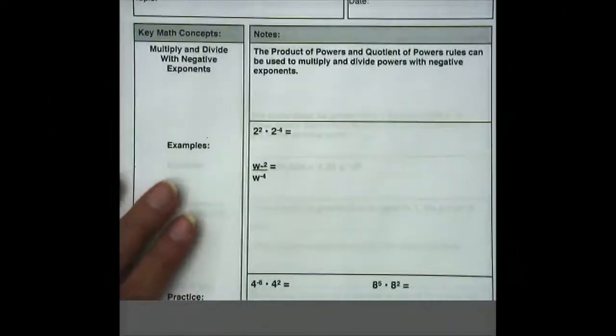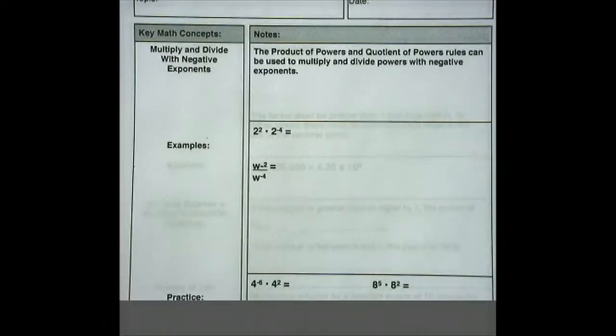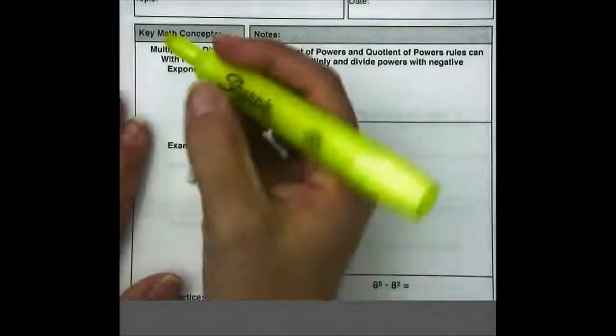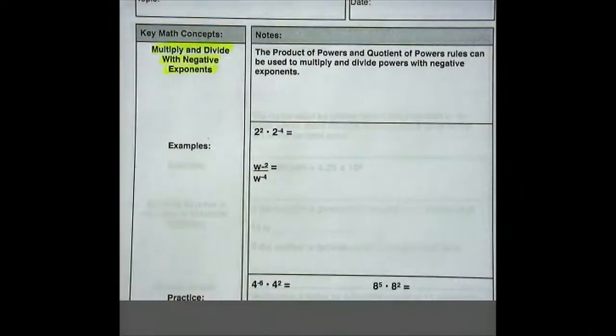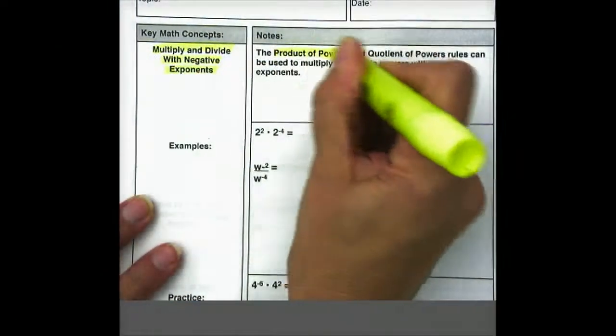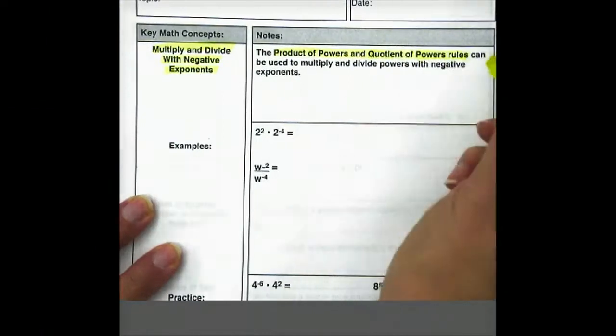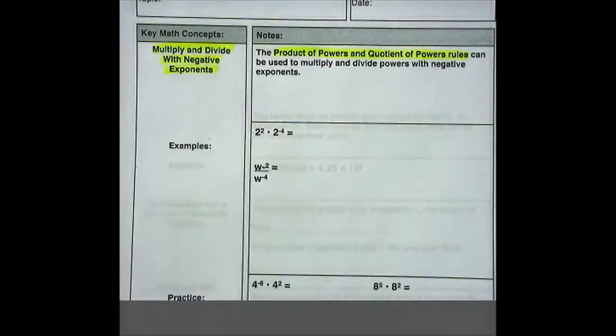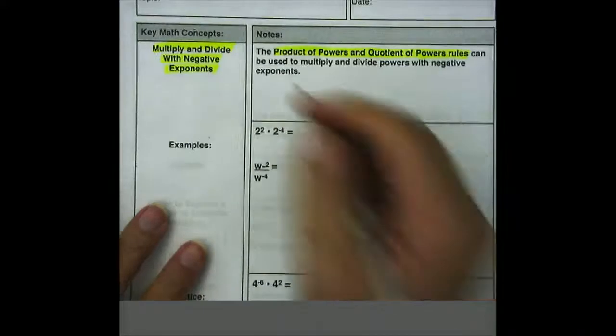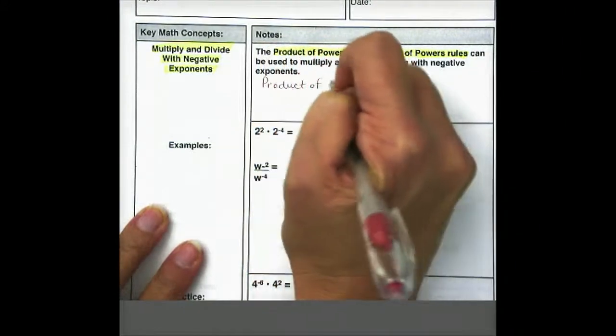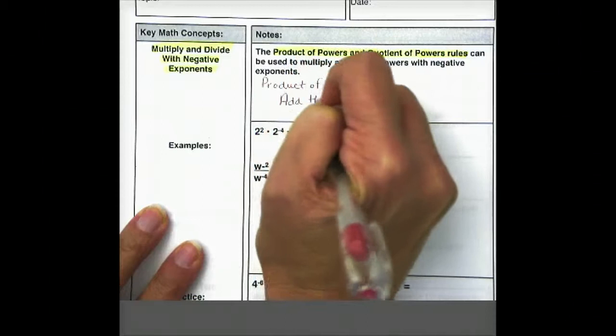All right, now that you have finished that problem, the next key concept that we want to look at is multiplying and dividing with negative exponents. The product of powers and quotient of powers rules can be used to multiply and divide powers with negative exponents. Now, we've already talked about the product of powers and the quotient of powers. Let's just remind ourselves. Product of powers, we add the exponents.